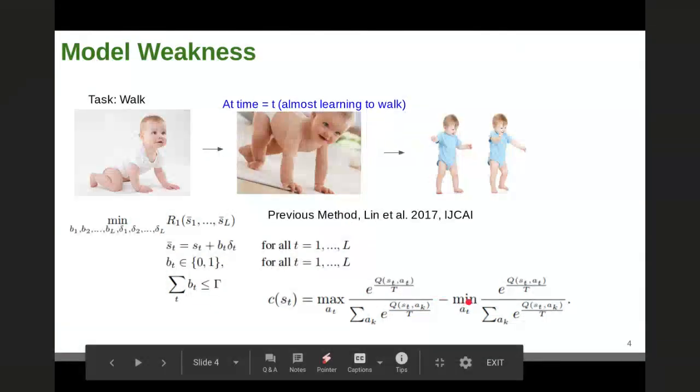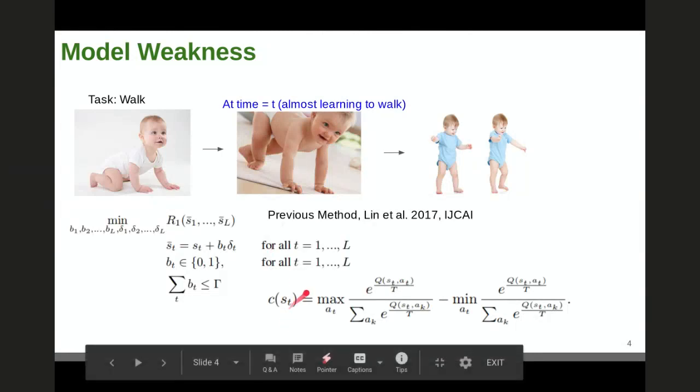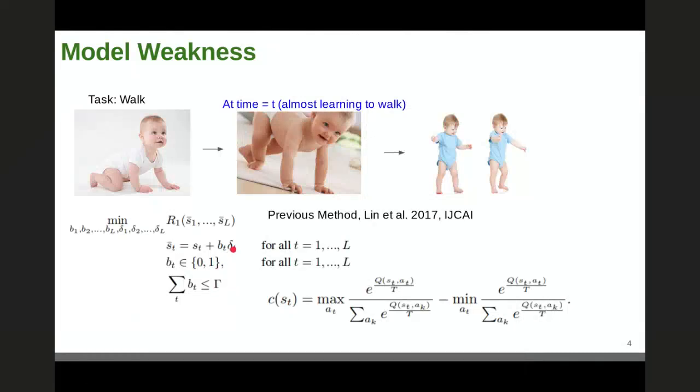But the minimum expectation of this action is really low value. So if this difference is bigger, the instability of this baby at that moment is high. They try to estimate the time and the state, and add this intervention or perturbation on this state, using the previous reinforcement learning based gradient methods to generate this perturbation.